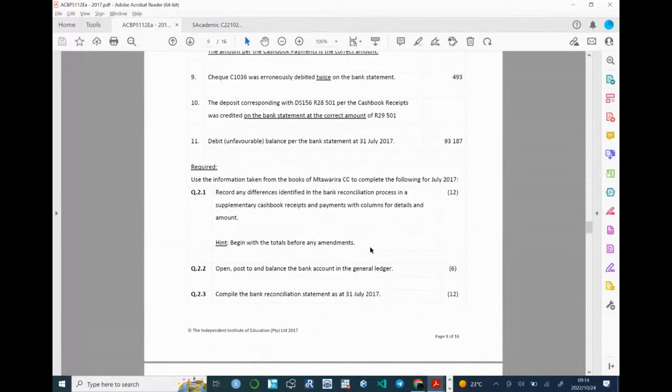But again, bank recon, the same way I taught you guys in 1A with the journals, is how you should approach bank recon. First things first, let's find out what they want. So here, record any differences identified in the bank reconciliation process in supplementary cash flow receipts and payments with columns for details and amounts.